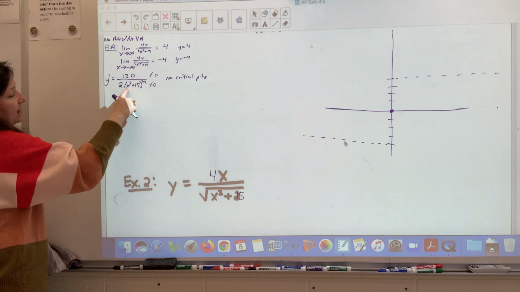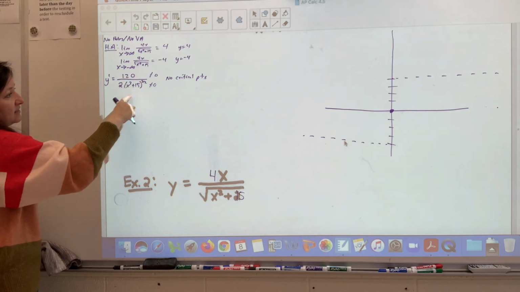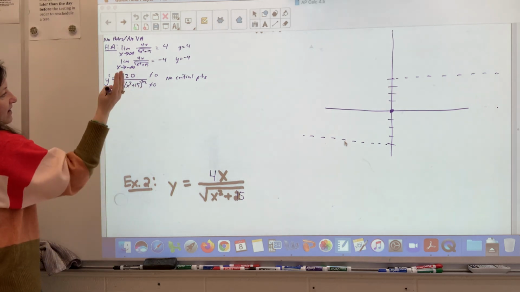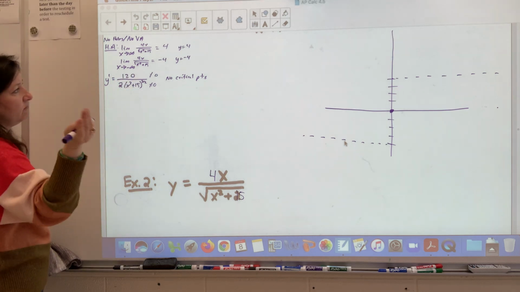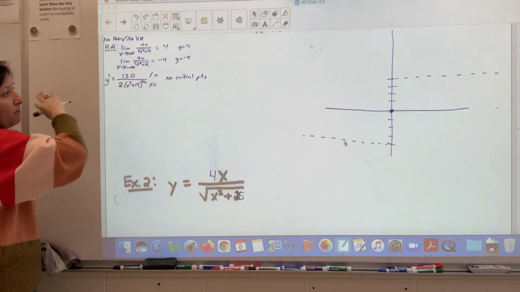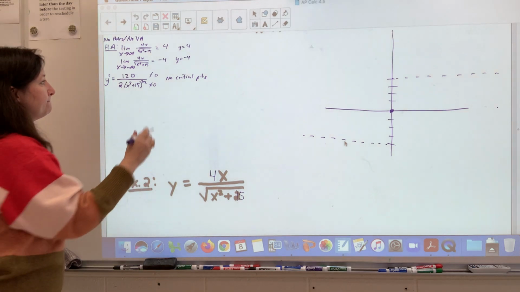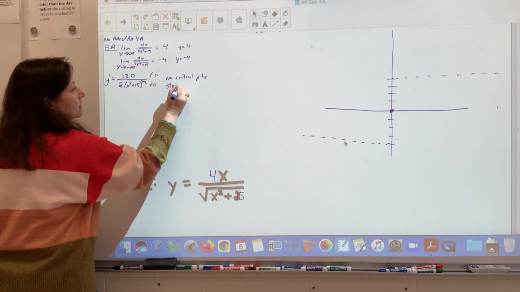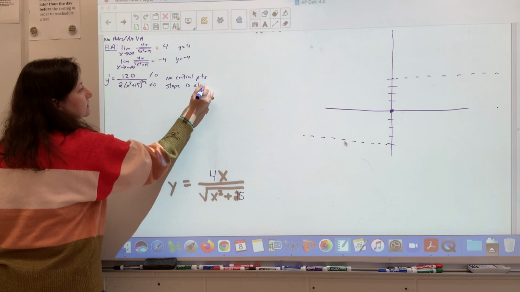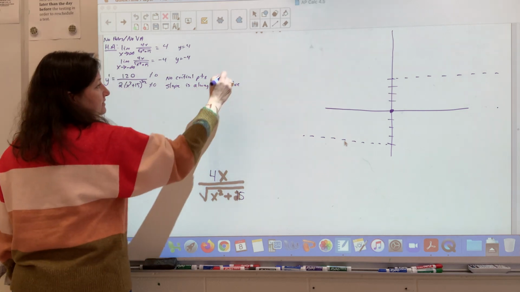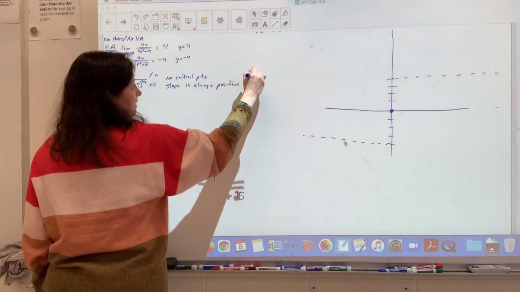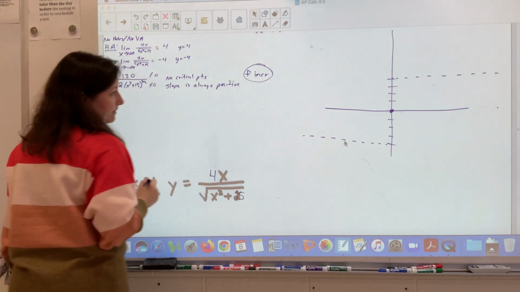If I put 1 in, I get a positive divided by positive. Pick a negative number, negative 8. Negative 8 becomes positive, positive over positive. Put 0 in. Positive over positive. No matter what number I plug in, the slope is always positive. So this curve will always increase. So f is increasing the whole time.